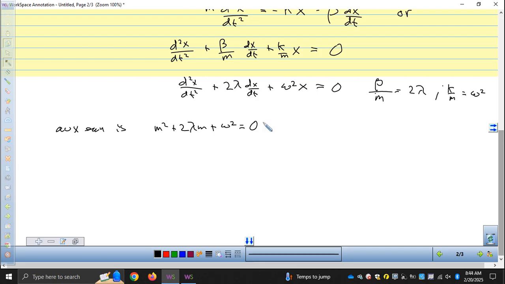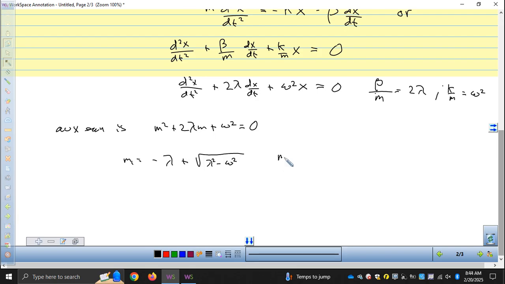And we're going to use the quadratic formula to solve for m. So I get m1 equals negative lambda plus the square root of lambda squared minus omega squared. We use the 2 lambda so we can divide that 2 out.